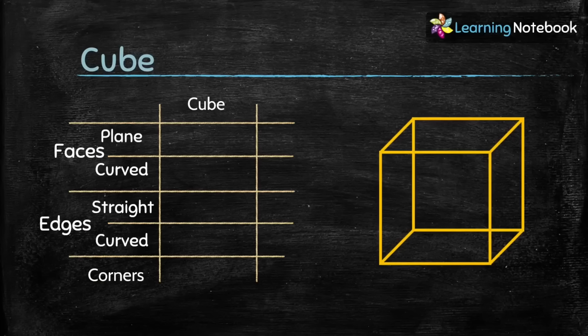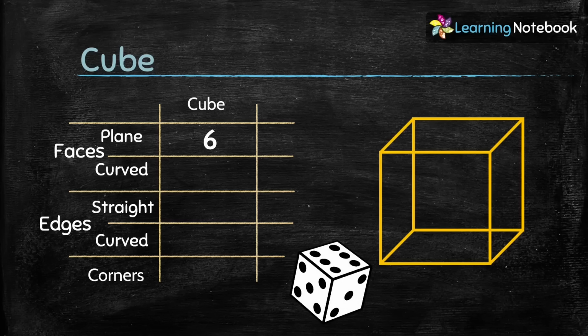Now let's take each solid shape one by one and learn about number of faces, edges and corners. First solid shape is cube. A cube has 6 plane faces.